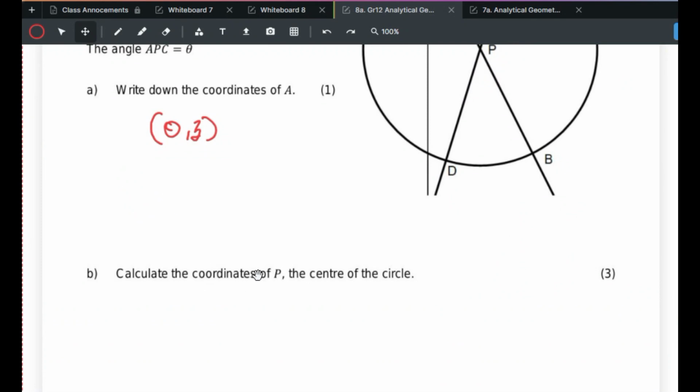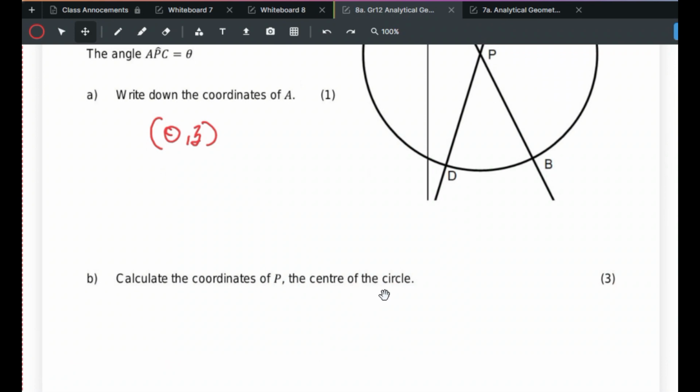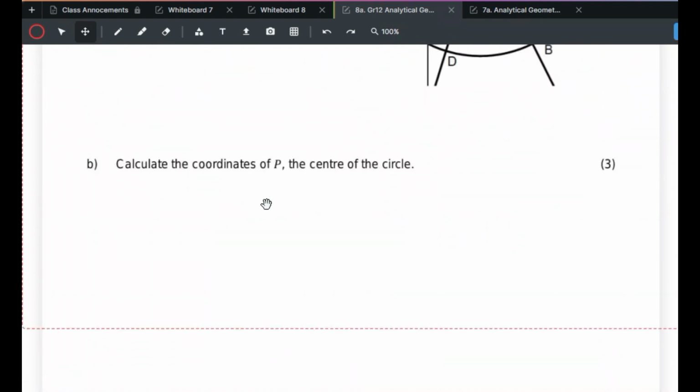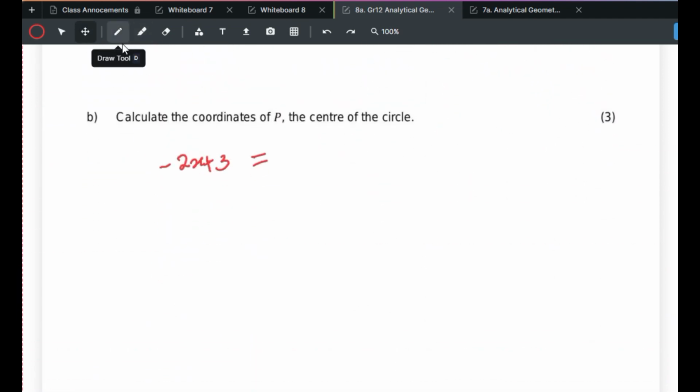Now calculate the coordinate of P, which is the center of the circle. So how do we calculate the coordinate of P? The lines of the graphs are intersecting, so we equate the graphs. The first one was negative 2x plus 3, and the second one was 3x minus 7.